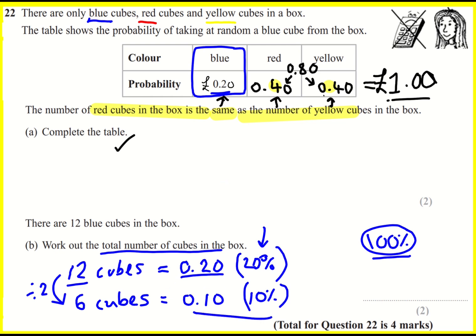Once I've got my 10% value, I can just scale it up by multiplying by 10. So 6 cubes is your 10% value, and I'm going to multiply it by 10 to give me 60. So there are 60 cubes in the box.